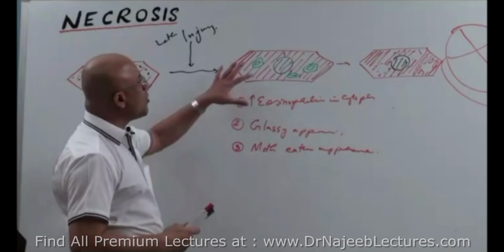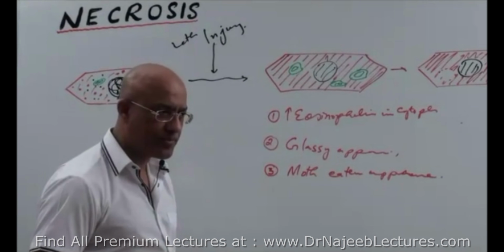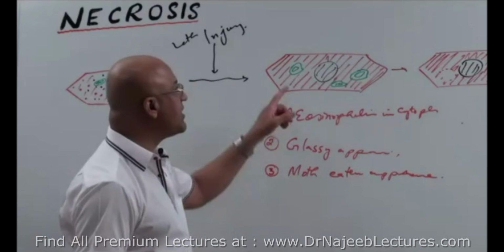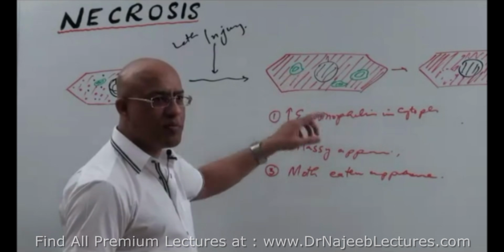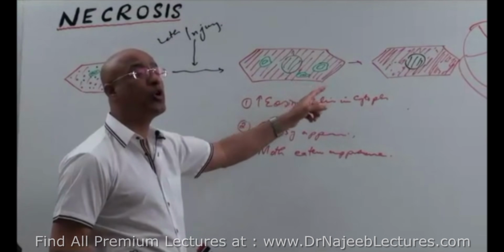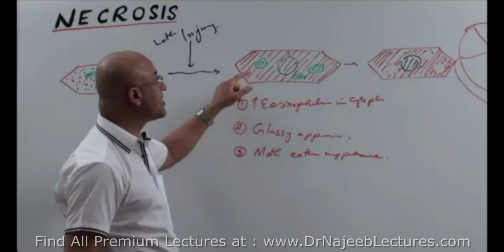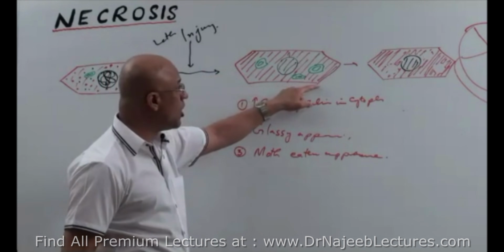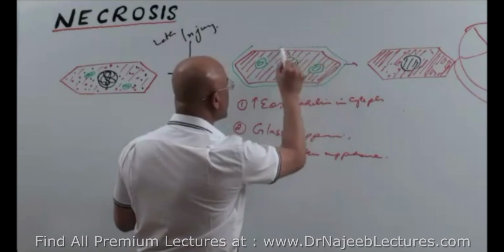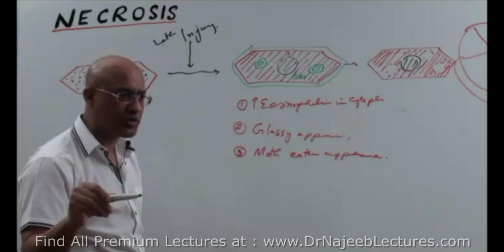Let me tell you. When most of the components are digested away, then cell membranes may be left over there. When enzymes do proteolysis, proteinaceous substances are digested away, then the cell membrane and organelle membranes are dumped, left at the site of necrosis.